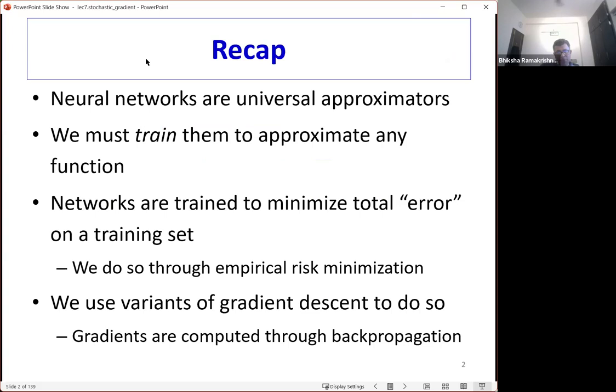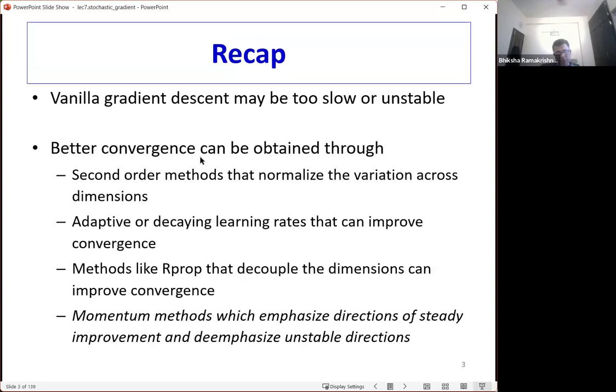And we train them to minimize a total error on a training set, which quantifies the error between the function you want to model and the function that is currently computed by the network. And we do this through empirical risk minimization. The ERM itself minimizes a loss function, which is a function of the network parameters. And so we use variants of gradient descent to perform this minimization. Gradients are computed using backpropagation.